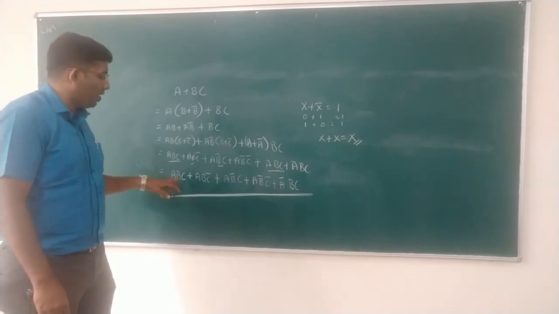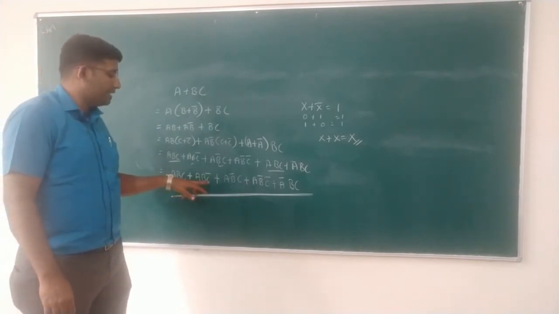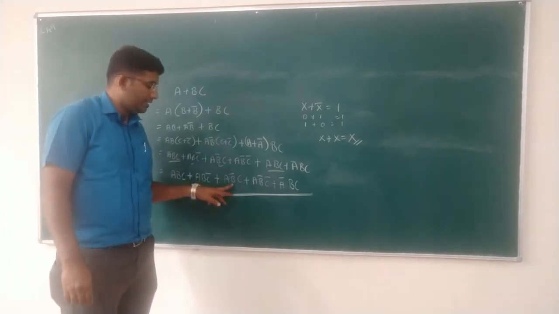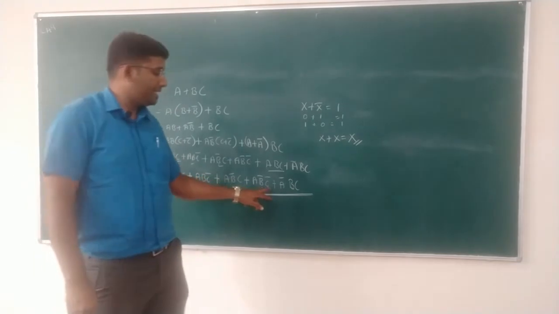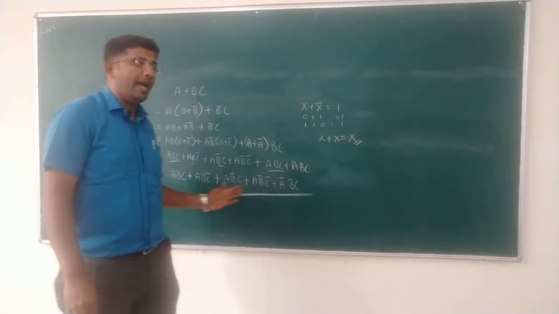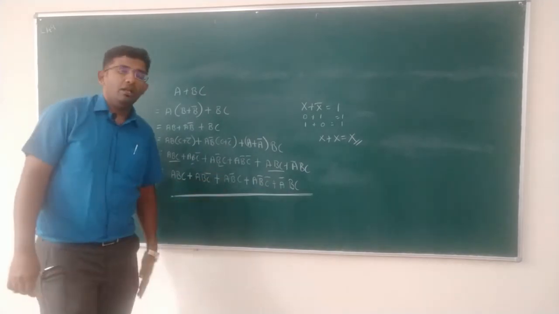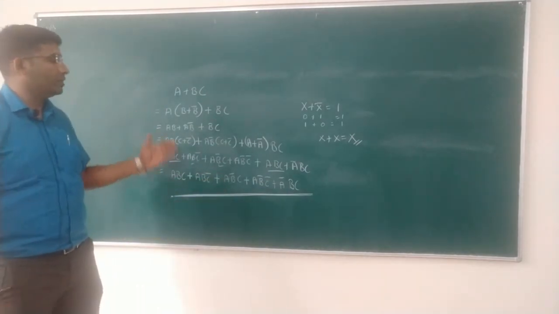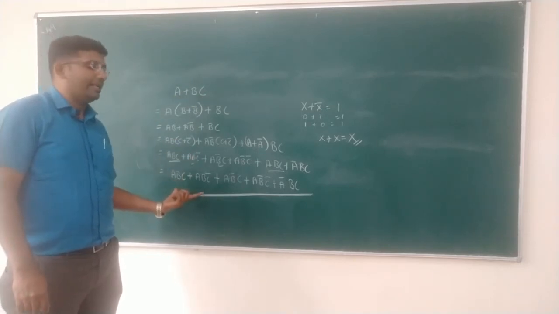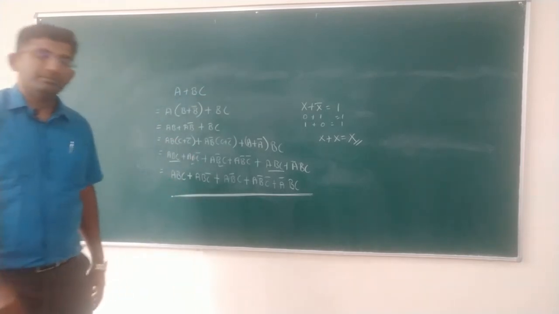A, B, C, all the variables are present. C is present in complemented form, B is complemented here, A bar is complemented form, and we will be having all the variables within a logic system. This is how we are going to convert a normal SOP form into a standard form or a min term.